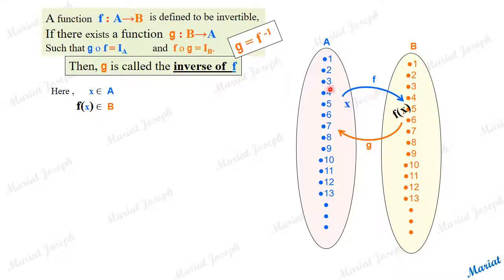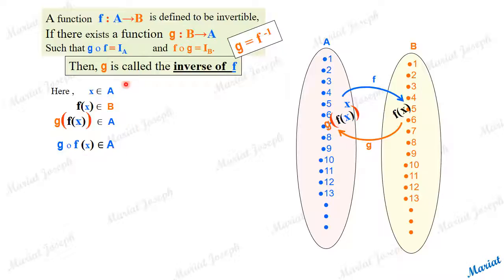F is defined from set A to set B. So the image will fall in set B. Now since f of x is an element in set B, it will have an image under the g rule and the image will fall in set A. So g of f of x will belong to set A. And what is this g of f of x? This is what GOF composition. GOF of x belongs to set A.